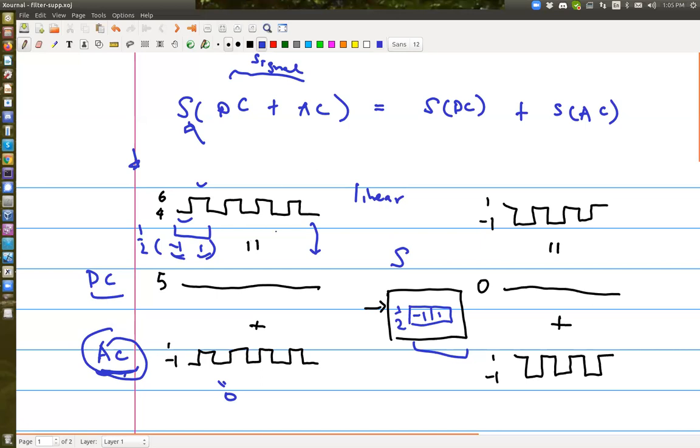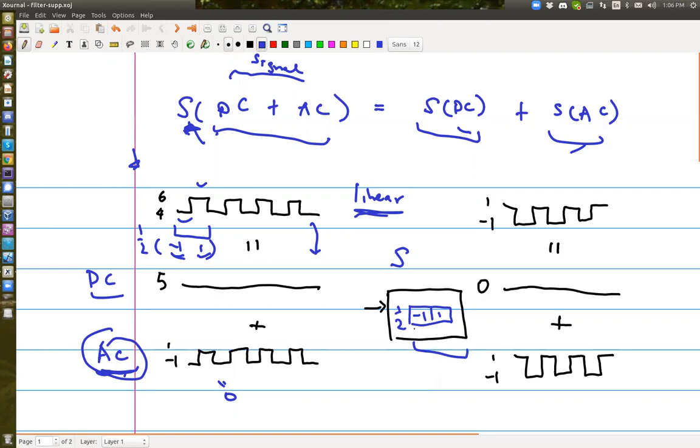You may have come across that before, maybe in some signal processing class, if you're coming from electrical engineering. But if not, it doesn't matter. It's a very simple concept. If you have this system applied to a signal, and the signal decomposes into two parts, and the result is equal to the system applied to each of the parts and added together, this is linear. So you can easily verify this operation is linear.